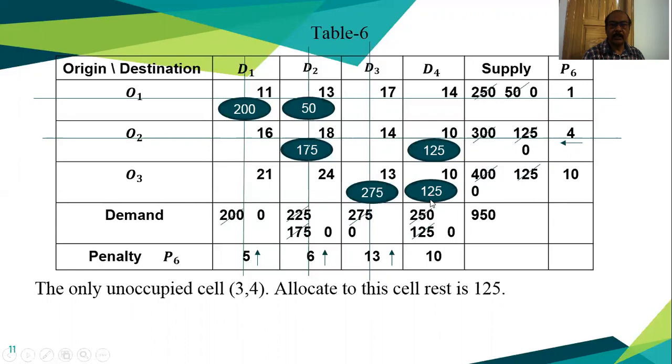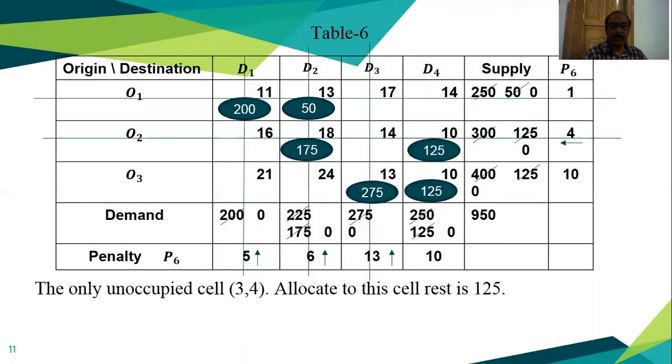So our available is completely exhausted and we meet the demand, the demand left is equal to 0, and our allocation is complete, because all the available and all the demand become 0 in this table. So this is our computational final table for Vogel's approximation method.